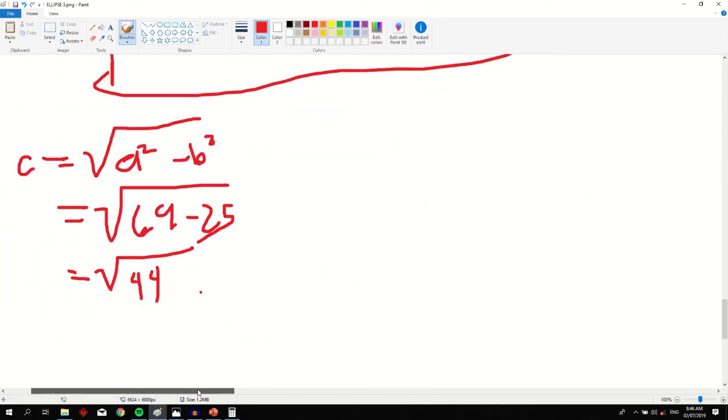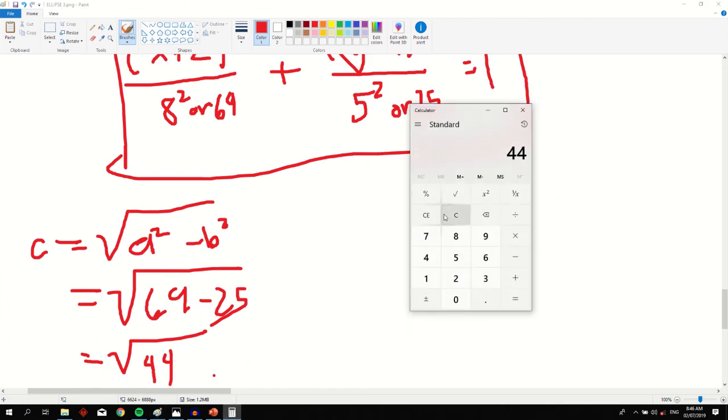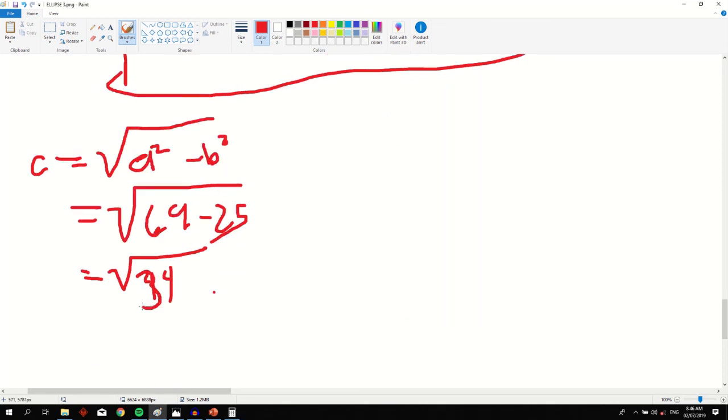Why is there a square root of... what did I do here? 6. I put 69. It's 25, 39. This is supposedly 39. Sorry guys, my mistake. Supposedly 64, because of my good handwriting.